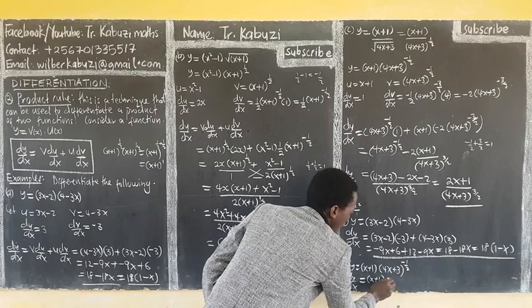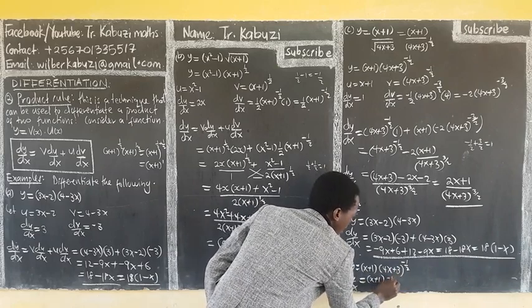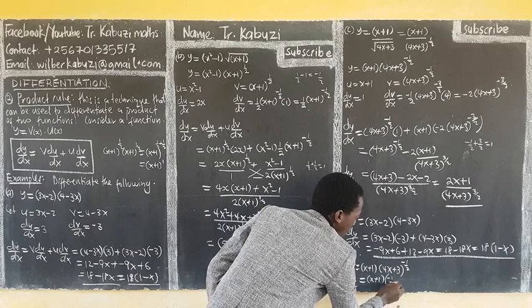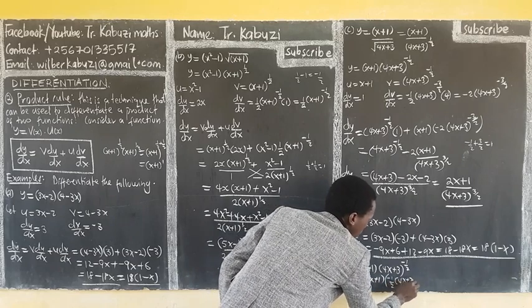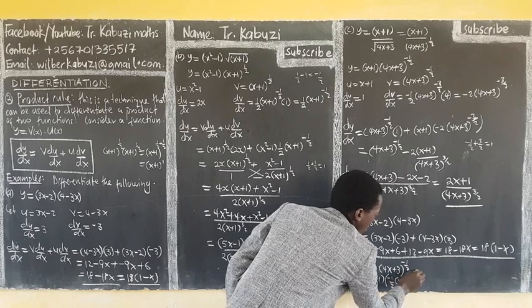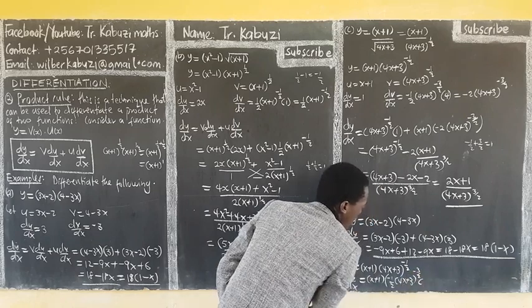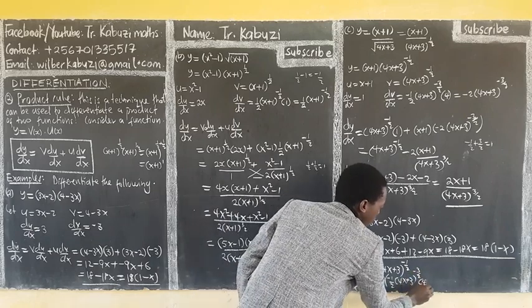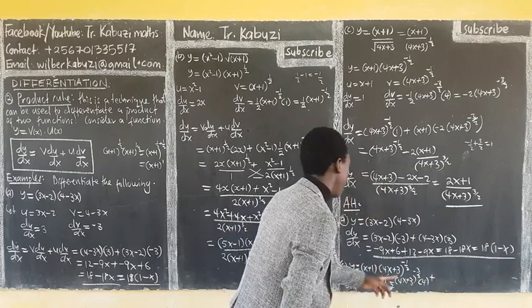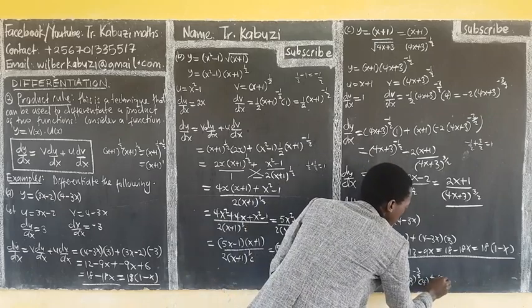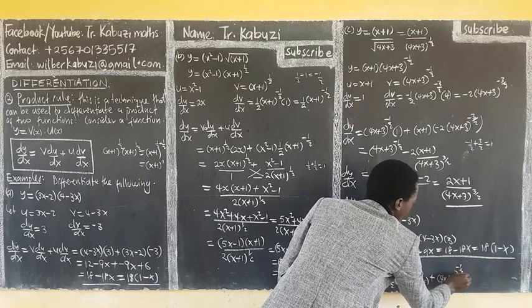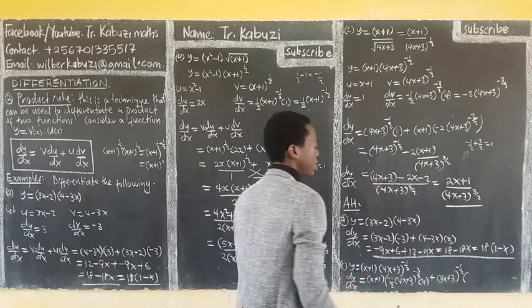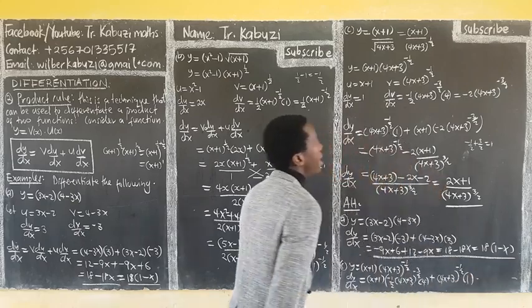When you differentiate, I will be having lower the power, negative half, times we maintain the bracket, reduce the power by 1, then differentiate the bracket, you get 4, then plus. Now fix this, (4x + 3) to the power negative half. Now differentiate this, you get 1. Now we can go to simplify.